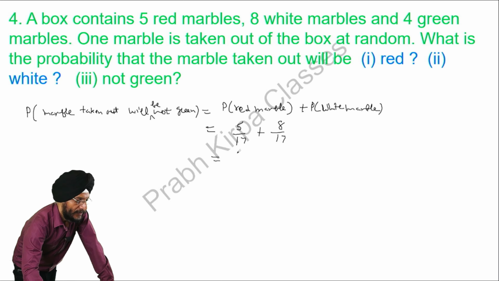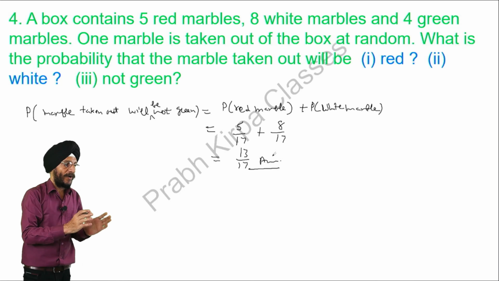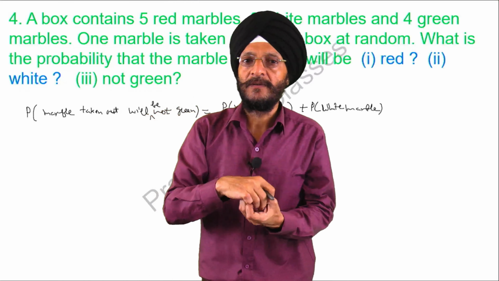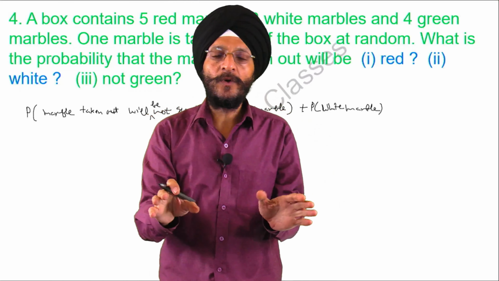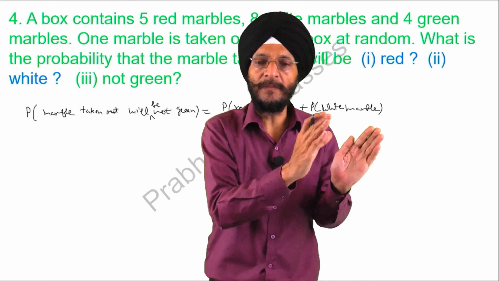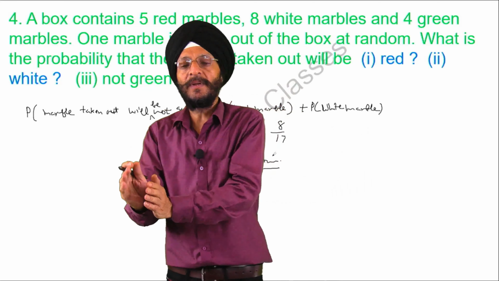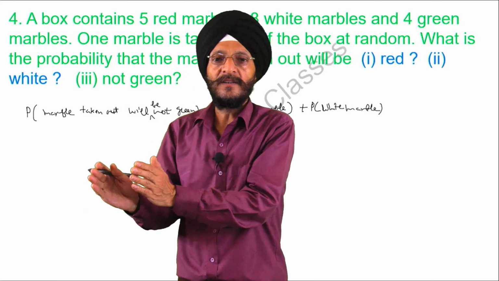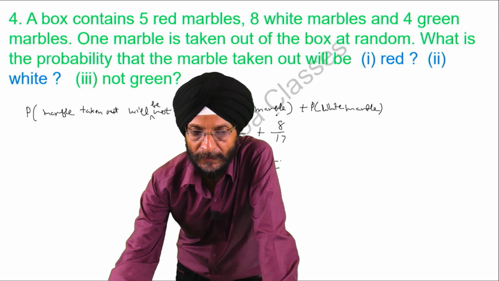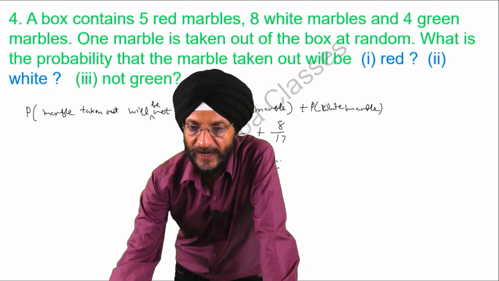So this will come out as 13/17. This is the answer, because we want that now we pick up the marble and it should not be green, because we have only three types of marbles: green, white and red. We want that the marble should not be green. In other words, it will be either white or red. So we have to sum up the probability of red and white marble.